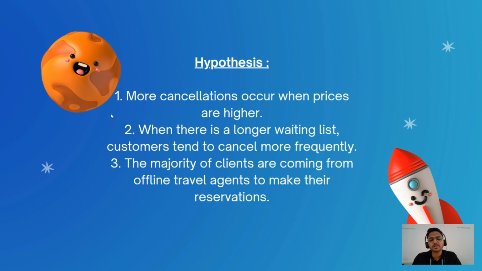Third is, the majority of clients are coming from offline travel agents to make their reservations. We assume that this may or may not be true, but we assume that the majority of the traffic coming into the reservations for the hotel is coming from offline travel agents. Now there may be online travel agents or groups from where the customers are coming, but still we first take a hypothesis and then we verify it with the help of data analysis in Python.